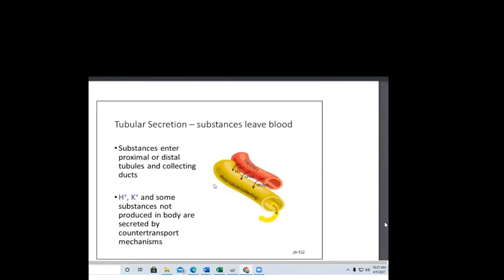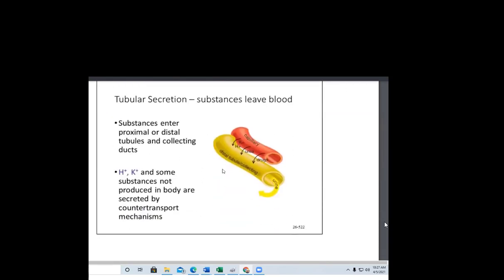So when we talk about secretion, secretion is when substances are leaving the blood. It's the opposite of reabsorption. So we have substances going from the bloodstream into the distal convoluted tubule. We can see potassium and hydrogen ion leave the blood, and urea, which is a byproduct of protein metabolism. When you digest proteins, you release urea.